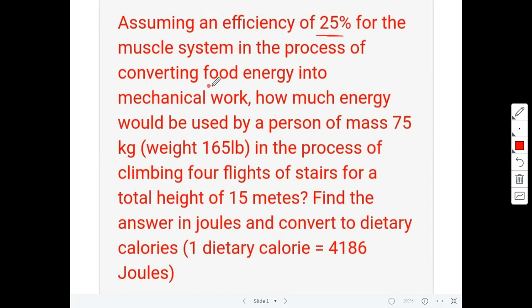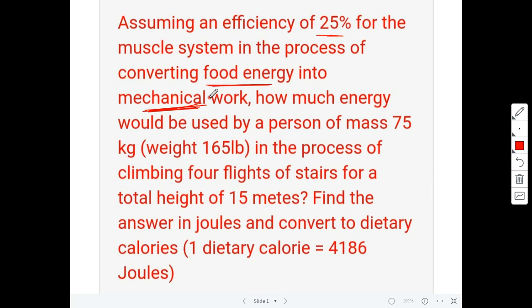So food energy is your input energy, the total energy supplied, and mechanical work is the useful energy converted. Clear? Yeah, but it doesn't give us any numbers except for the person's mass.